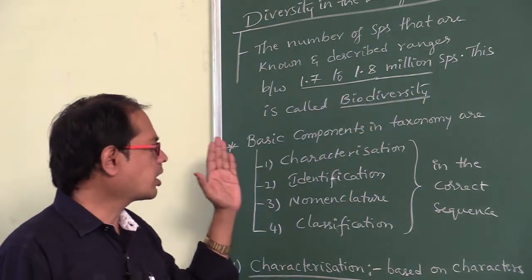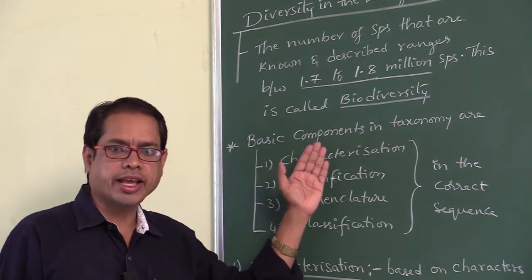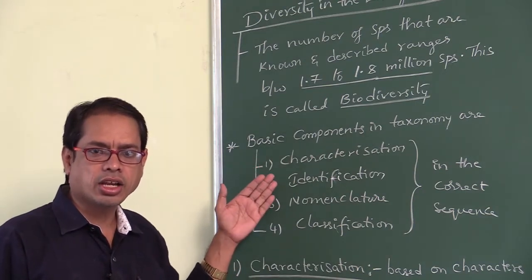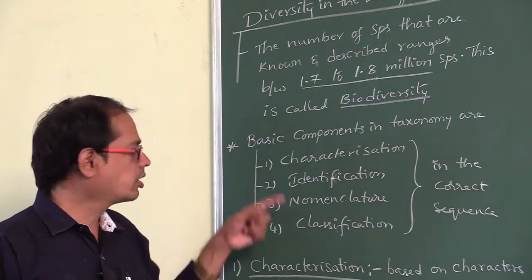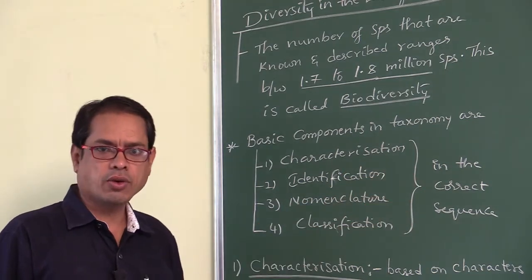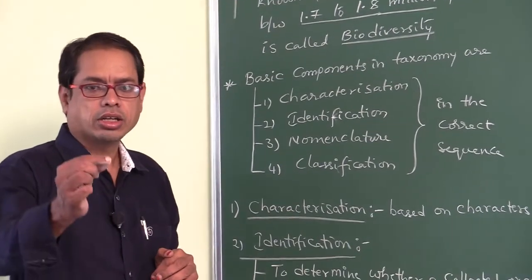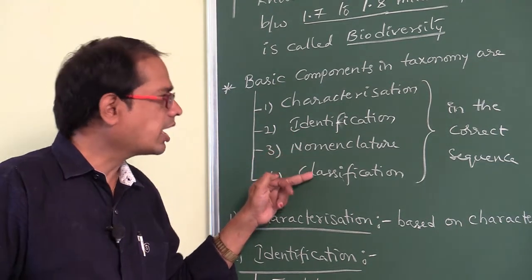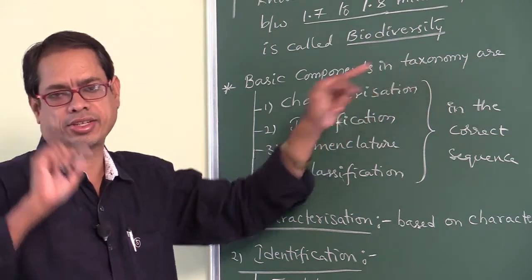Next, what are the basic components in taxonomy? Basic components in taxonomy are characterization, identification, nomenclature and classification. How many components? Four components are there. We have to say them in the correct sequence. In our NCERT, those are not in the correct sequence, right? Study of identification, nomenclature and classification is called taxonomy, also called systematics.